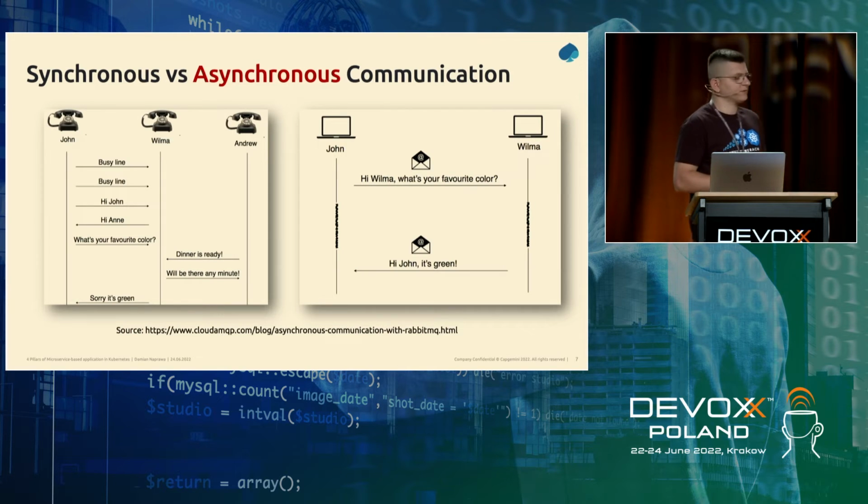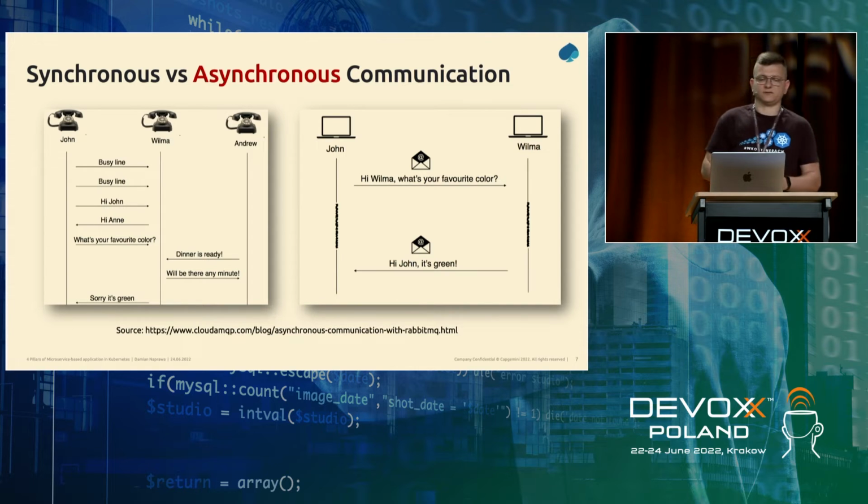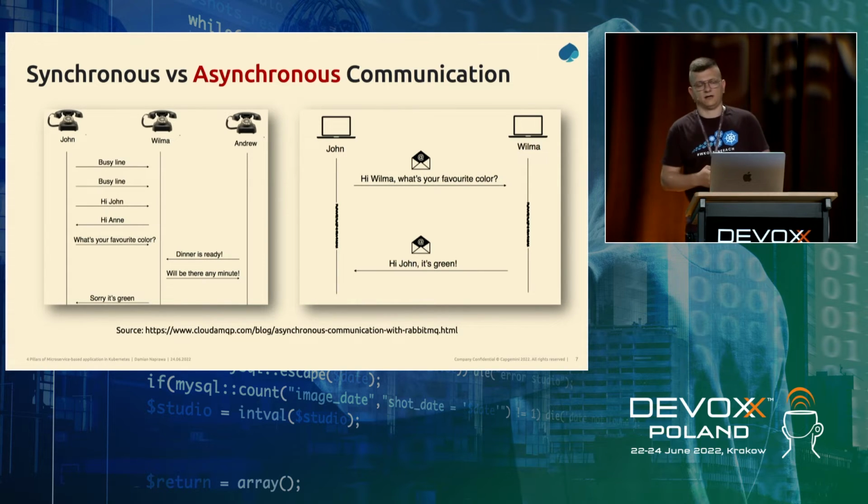Just a quick reminder, I know that most probably everyone knows the difference between the 2 types of communication. On the picture you can see that if I'm calling someone, I need to wait for the answer. Until somebody responds to me, I need to wait.